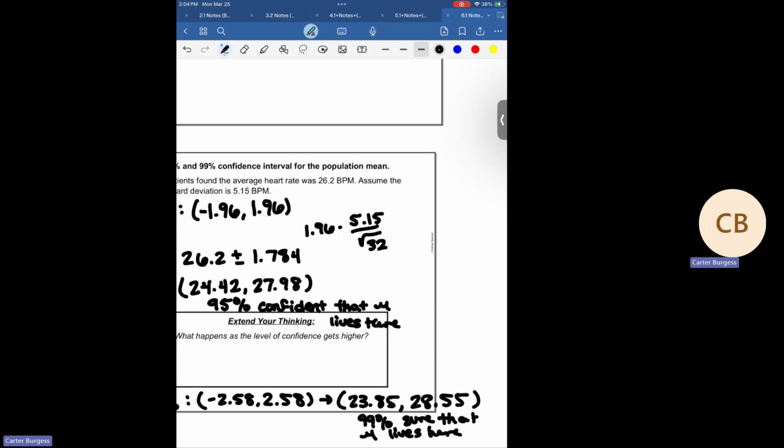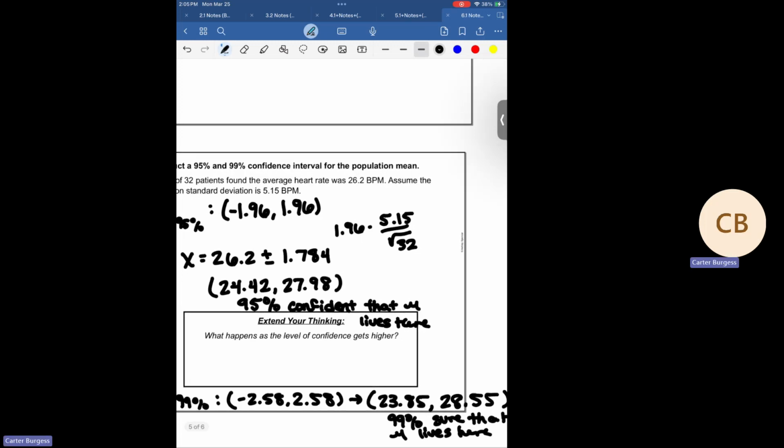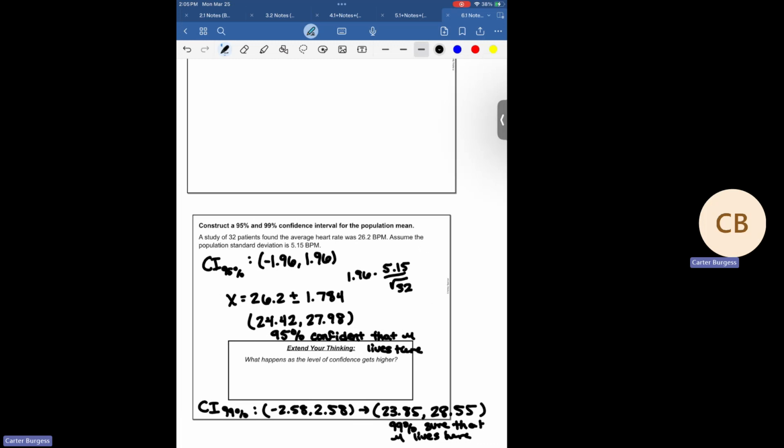Okay, and as displayed here, what do we notice about these two intervals? What's going on when we go from 95% confidence to 99% confidence? What do we have to do? What do we notice when we compare these two confidence intervals? Bigger.